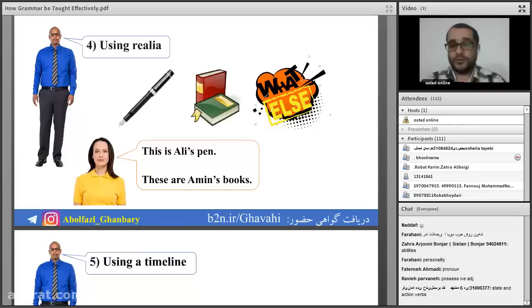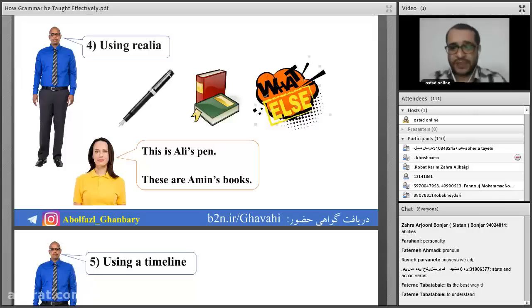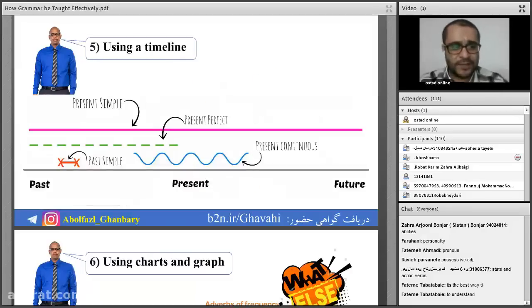So for example, this is Ali's book. Or this is Reza's book. Or showing, for example, this is a door, and this is the door of the classroom. It is very easy, I think. It is better than explanation.